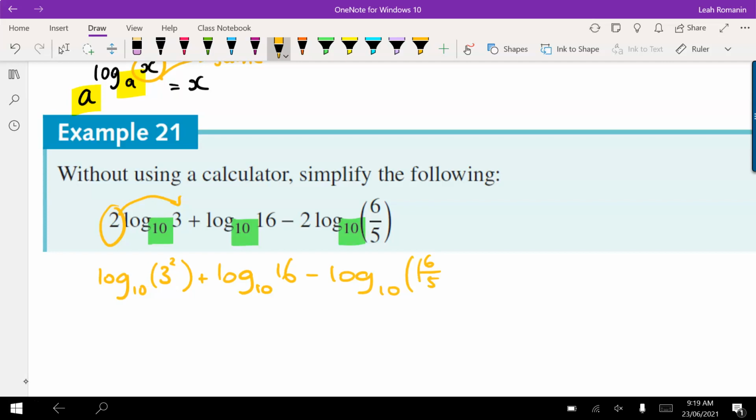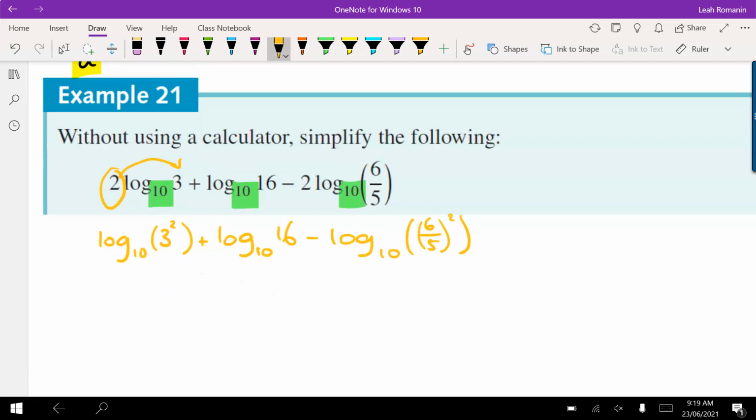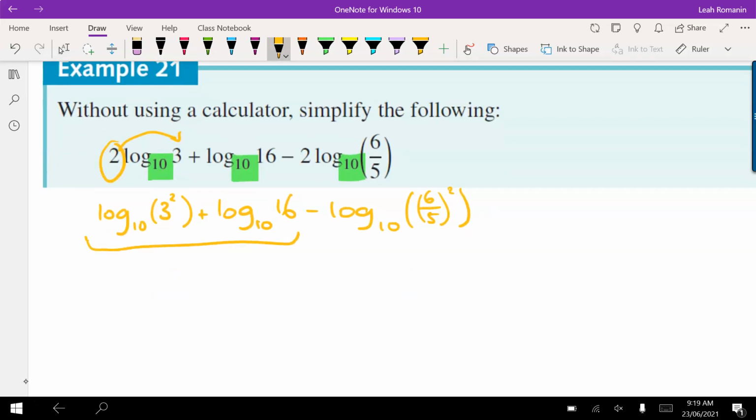6 over 5 squared. Okay, now dealing with this first, I can only deal with 2 logs at a time. So if I'm adding 2 logs with the same base, I'm multiplying the numbers in the bracket. So I keep my log 10, just like when you're doing your exponentials, the base always stays the same.